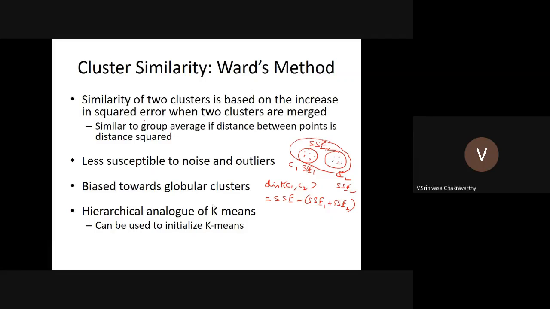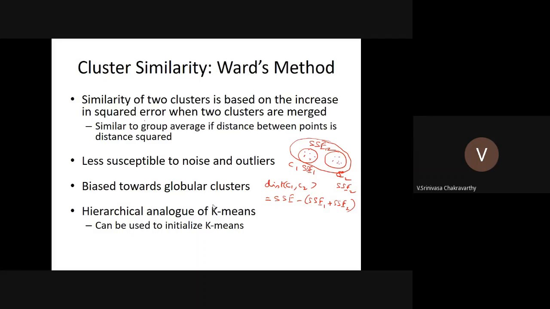Once your proximity measure is given, the whole trajectory of going from n clusters to one cluster is completely determined by the distance measure, and there is nothing like dependence on initial condition.